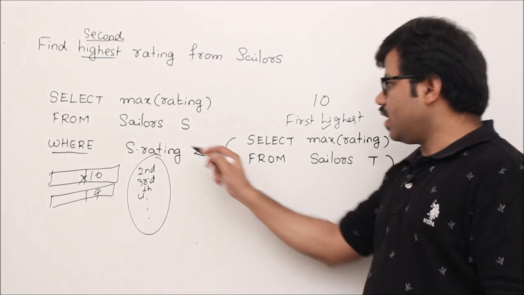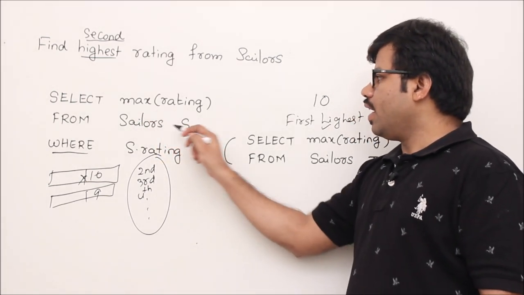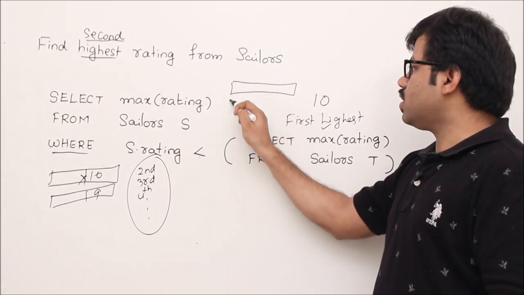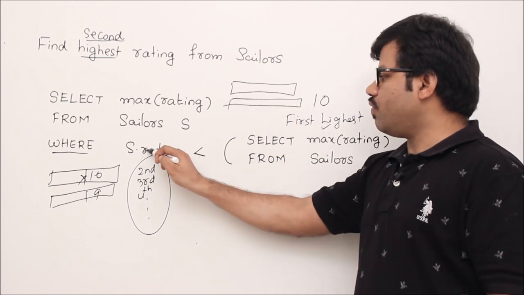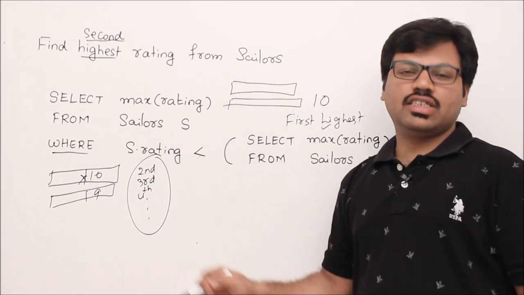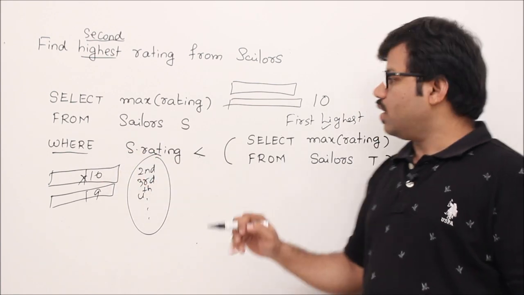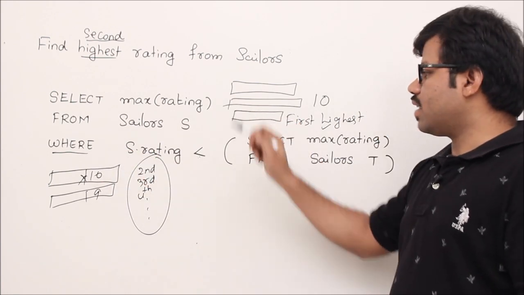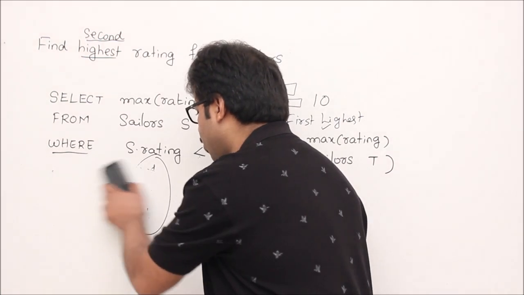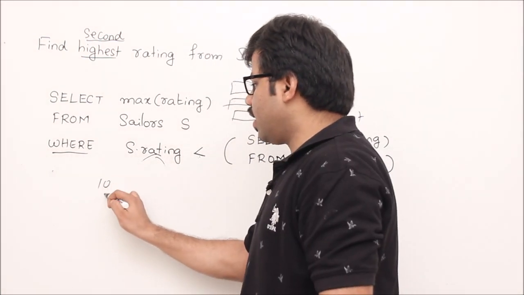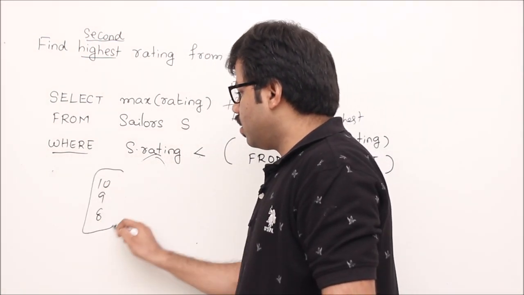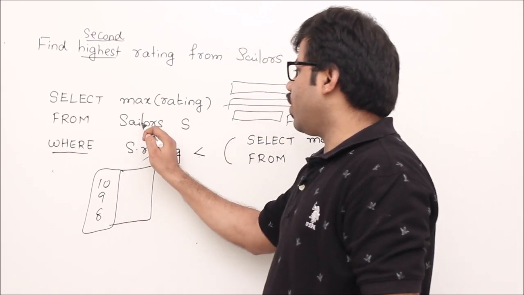So when I execute this query, every sailor will be processed, but the highest ratings will be rejected because the where condition will be false for them. Then other tuples will be taken. Let's take an example. The ratings are 10, 9, 8. We evaluate this query for every sailor.